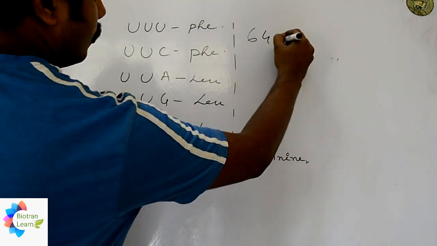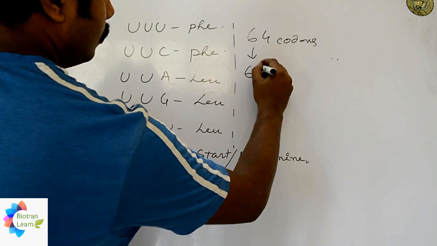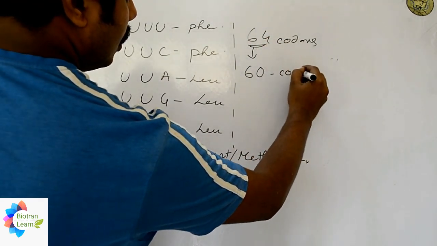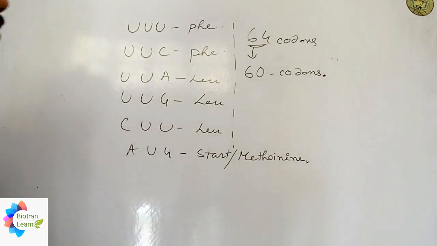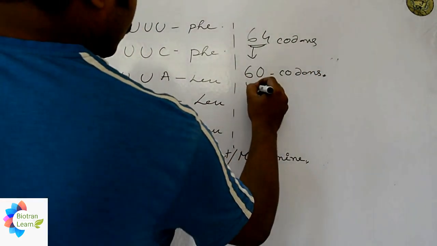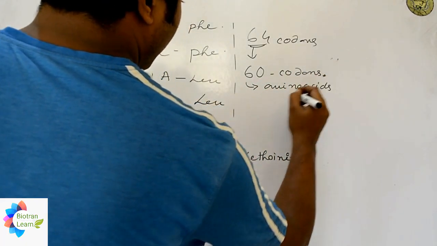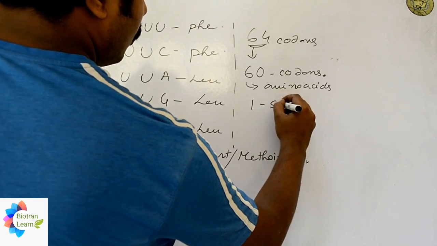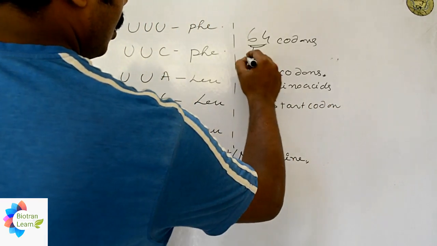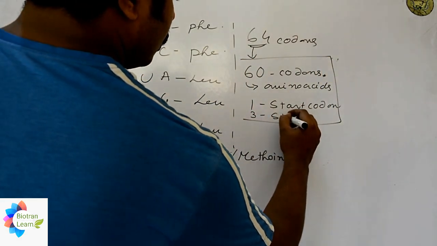We have 64 codons. Out of these 64 codons, 60 codons will generate a particular amino acid, one codon will work as a start codon, and 3 codons will work as stop codons.